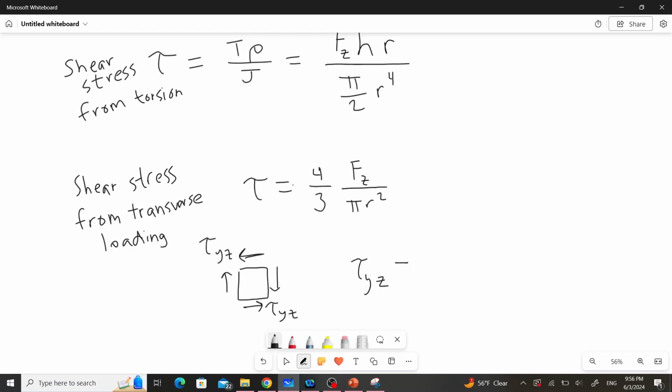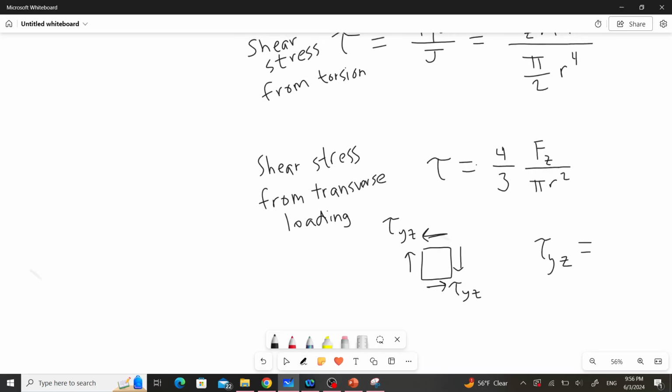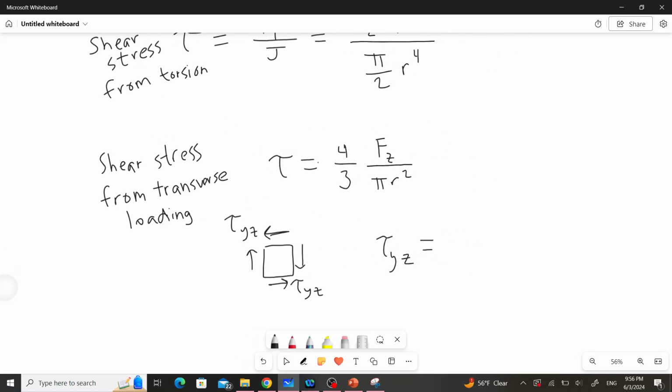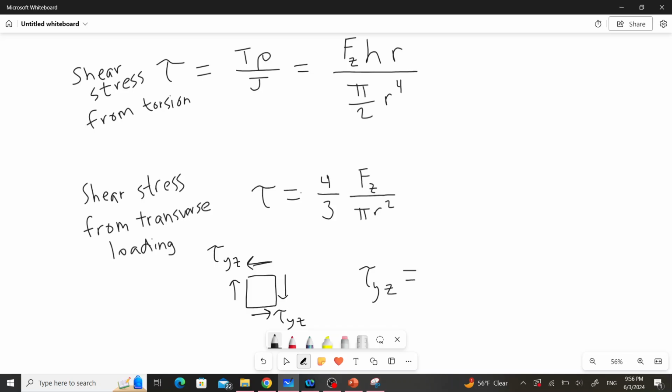So tau YZ is equal to, if we were to rearrange this top equation for the shear stress due to torsion, that would give us 2 times Fz h r over pi r to the 4th.